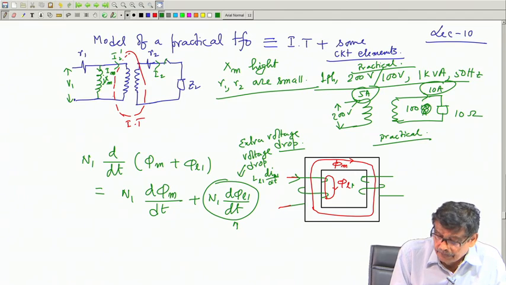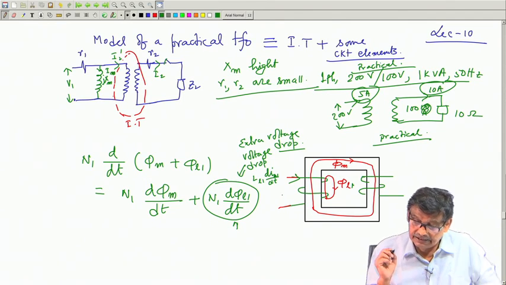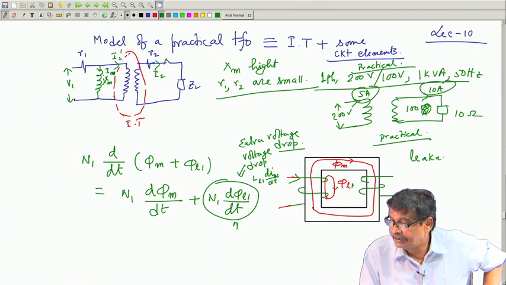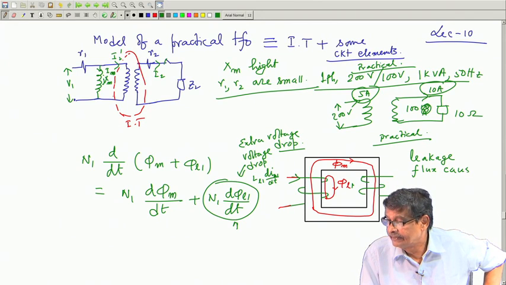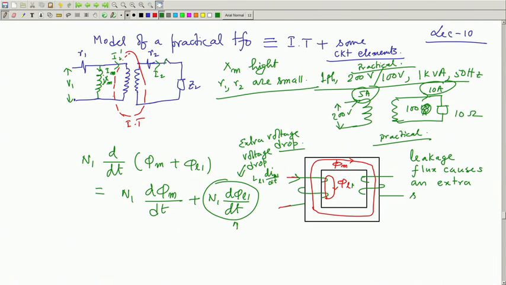Let me first draw. The term I have written: leakage flux causes an extra small voltage drop in the coil, in the practical coil.